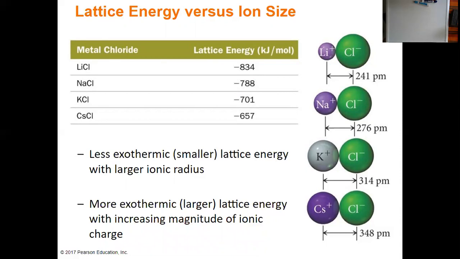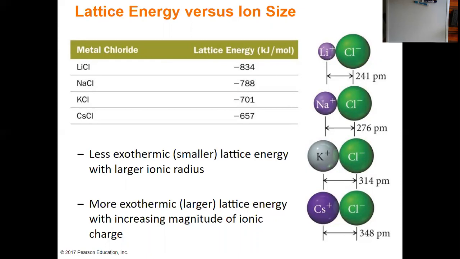If you look back at that formula we were looking at before, that actually makes a lot of sense, right? If you increase your numerator, you get a bigger value. If you make your denominator smaller, you get a bigger value.